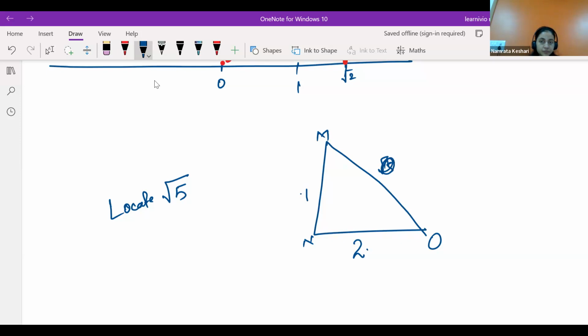Yes, it's coming, right? So it's simple. For locating root 5, we don't have to locate root 2 and root 3. Directly we can locate root 5, because we mark 2 on the number line and 1 on the number line, maintaining the distances 2 and 1. It's simple, right?